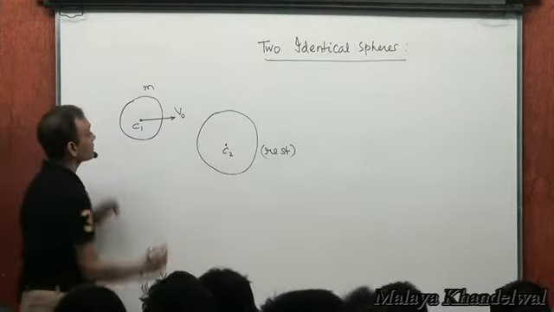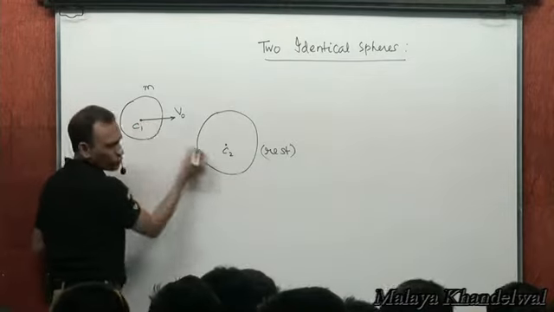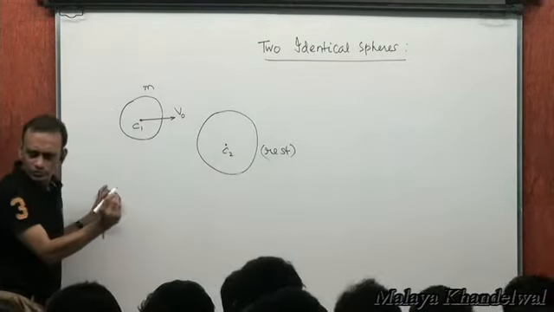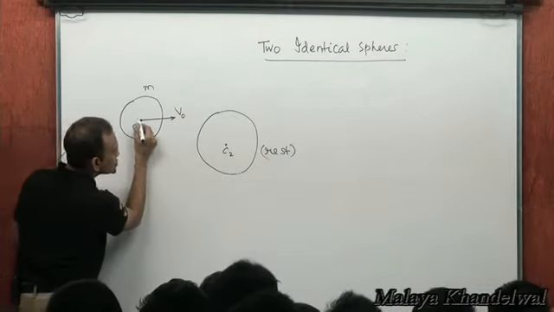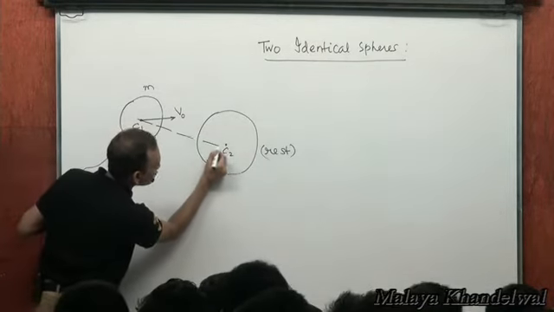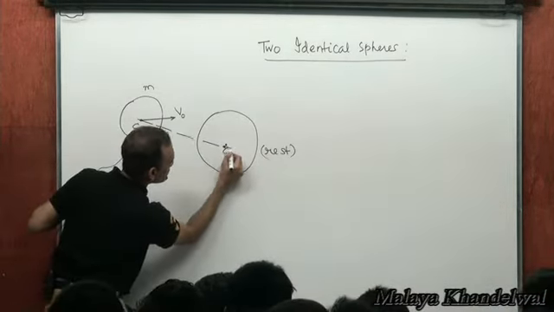This is the state just before collision. Now, this is the common normal direction. The line joining their centers would be the common normal direction.